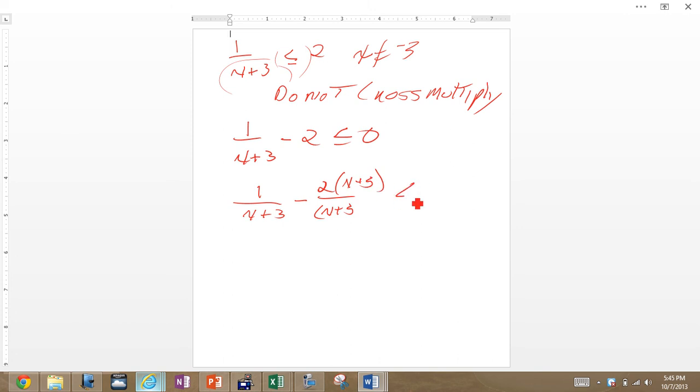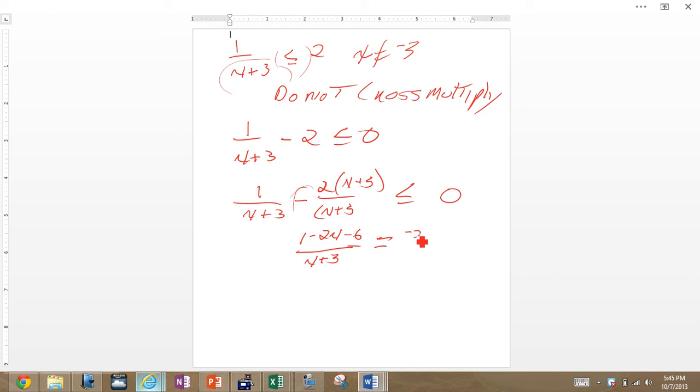Now we can write it as a single fraction over x plus 3. And I get 1, and don't forget we have to distribute with that negative sign, so minus 2x and minus 6. So let me clean that up a bit. So that's going to be equal to, this will clean up to be what?